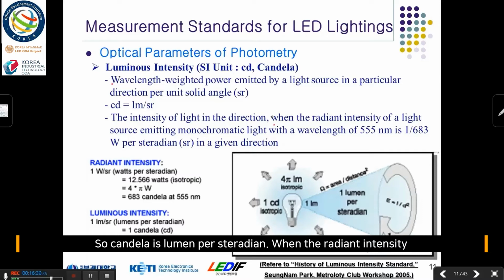And the radiant intensity of a light source emitting monochromatic light with a wavelength of 555 nanometer is 1 over 683 watt per steradian in a given direction. That means the intensity of light in the direction. So that is luminous intensity. So in the case of photometry, the wavelength 555 nanometer and the value of 683 are very important.